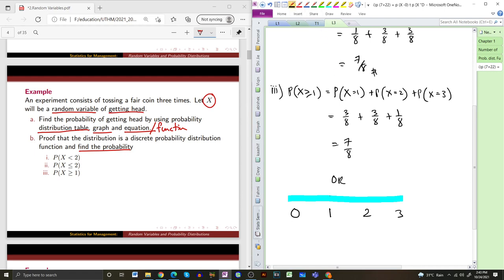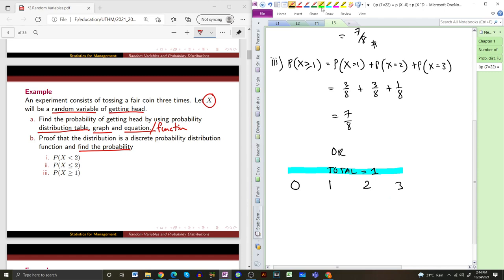We know the total probability is equal to 1. We actually want 1, 2, 3 because it's greater or equal to 1, so minus the probability of 0. In other words, this one you subtract. This is the answer.